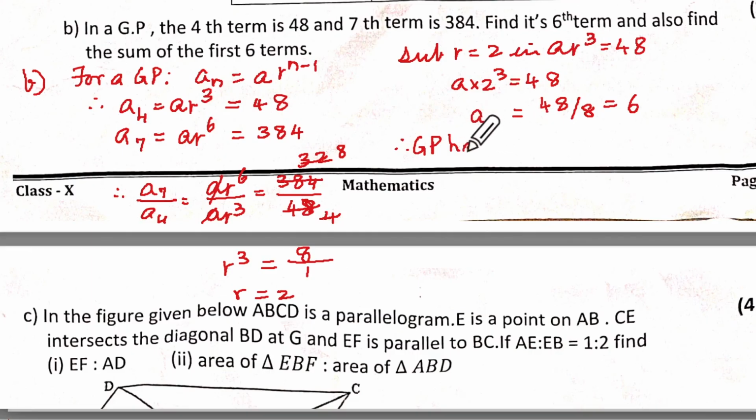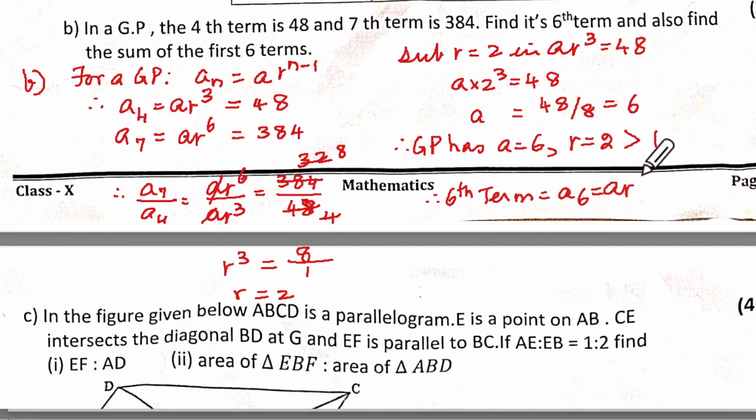The GP has A equal to 6 and R equal to 2, which is greater than 1, correct? Therefore, 6th term A6 is AR to the power 5, not AR5. It is equal to 6 into 2 to the power 5.